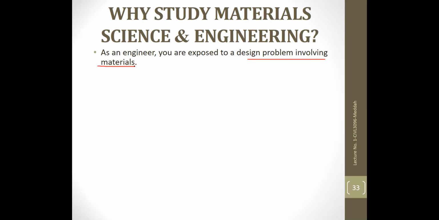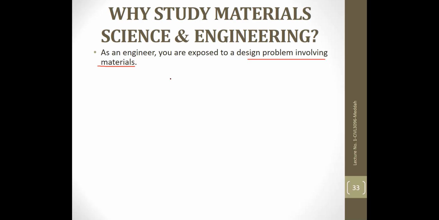So either you are a civil engineer or you are an architectural engineer. Of course, the ultimate target is to design different structures, design different buildings. And this building or this structure will be built with what? With materials, of course. So how can you design something to be built with materials when you don't know anything about these materials? So this is the main target.